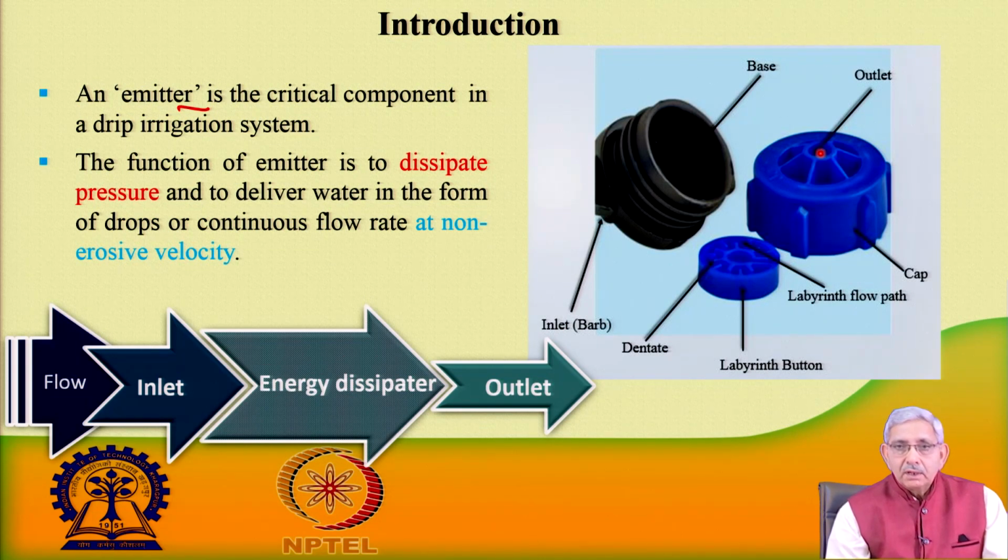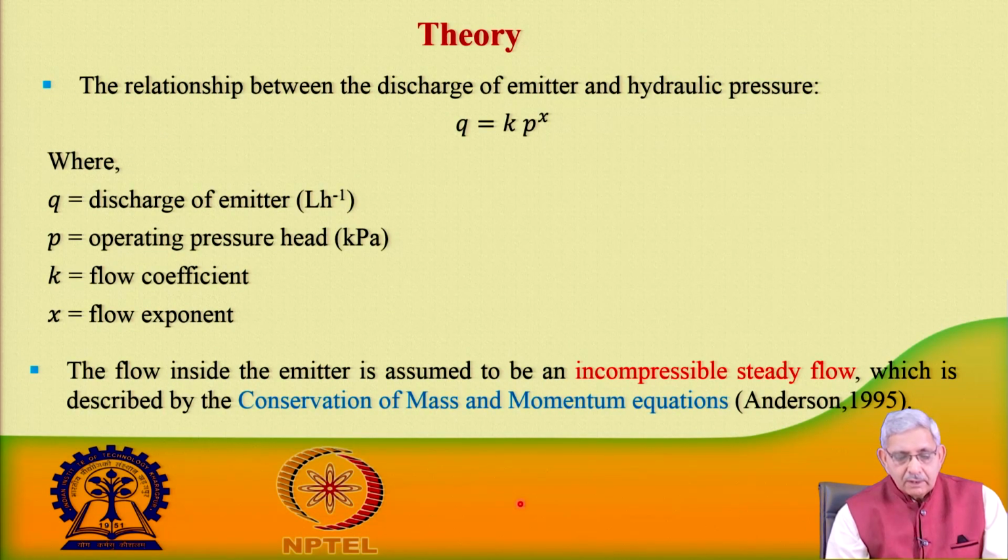The flow which takes place is an interesting phenomenon, and let us try to understand the basic fundamentals of flow through a dripper. There is a relationship between the pressure and discharge from the drip emitter.